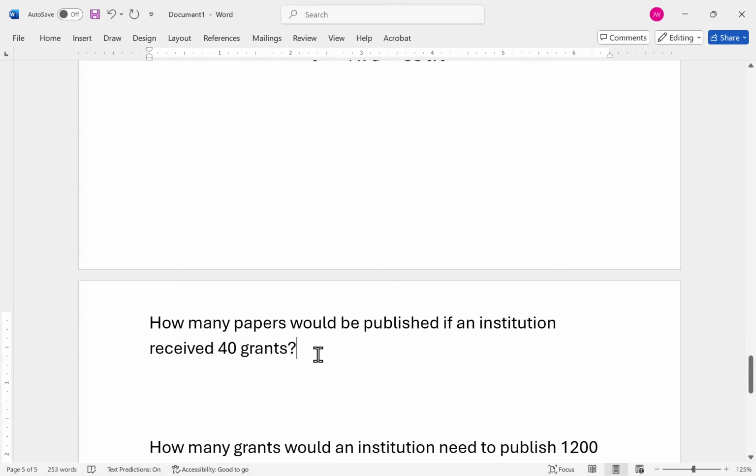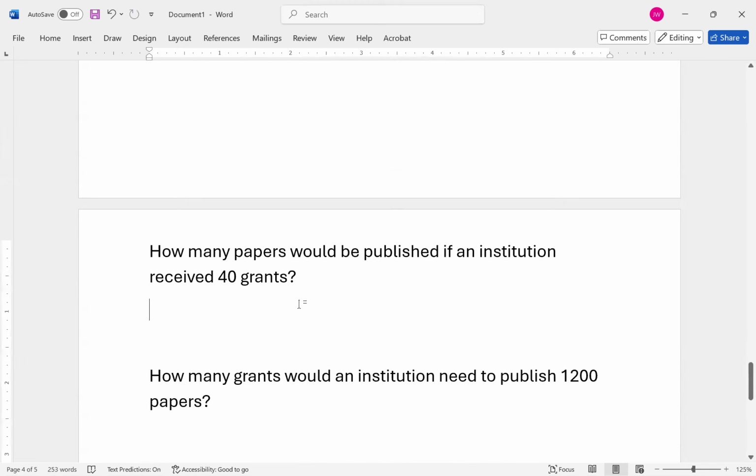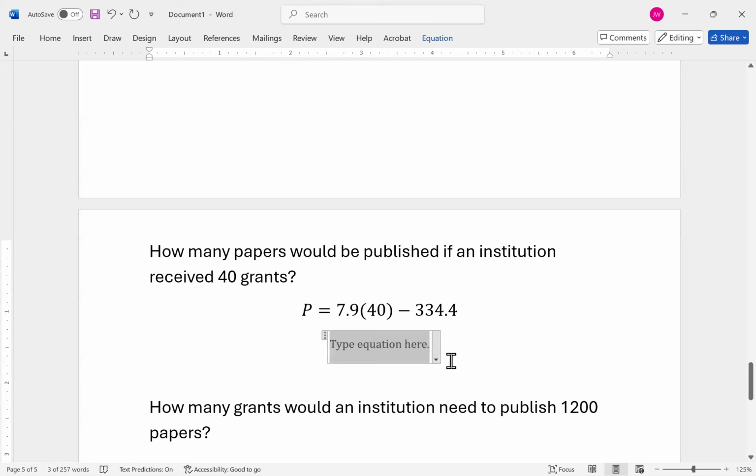So let's look at this. How many papers would be published if an institution had 40 grants? I would take this equation. If the institution had 40 grants, I just have to replace the G with 40 and then simplify that. 7.9 times 40 minus 334.4 gives a negative 18.4.